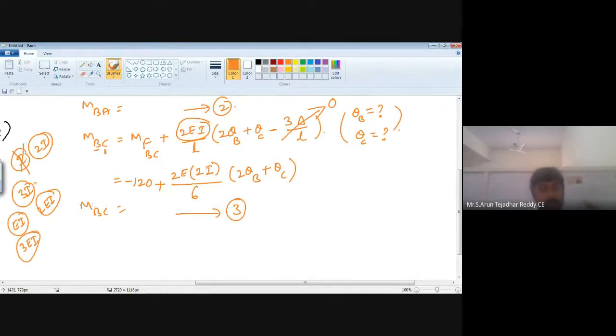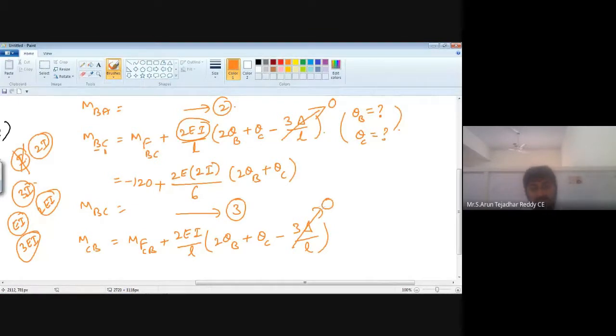Now BC is completed, next reverse CB, that is MFCB plus 2EI by L into 2 theta B plus theta C minus 3 delta by L. Here it is 0, here it is 0.